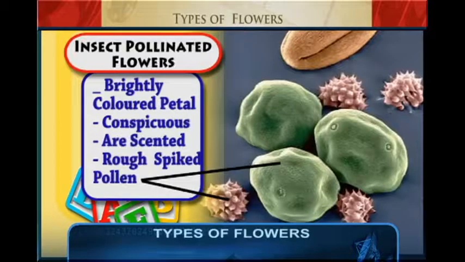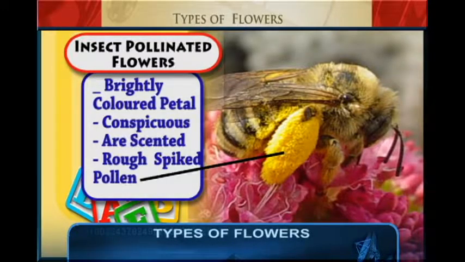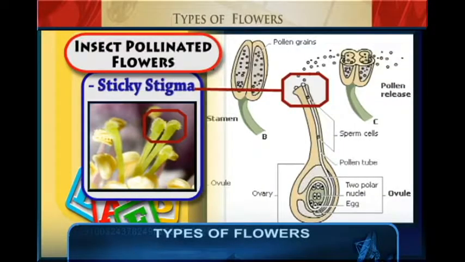They have a rough, spiky surface on the pollen grain, which helps it to attach itself to the hair or the body part of the pollinating agents. They have a sticky surface stigma, which attracts and traps all the pollen grain that is on the animal part that touches it.